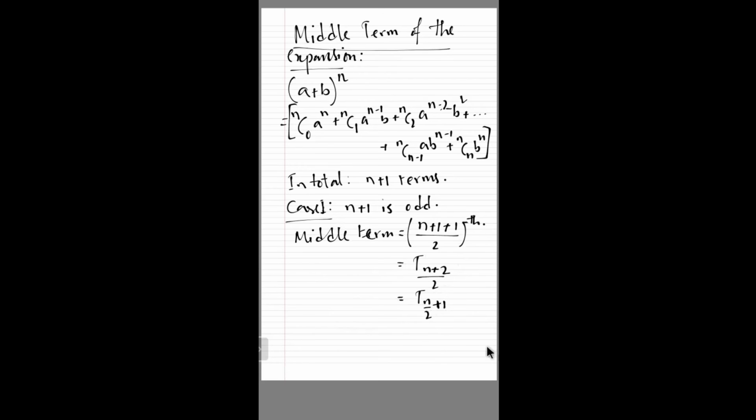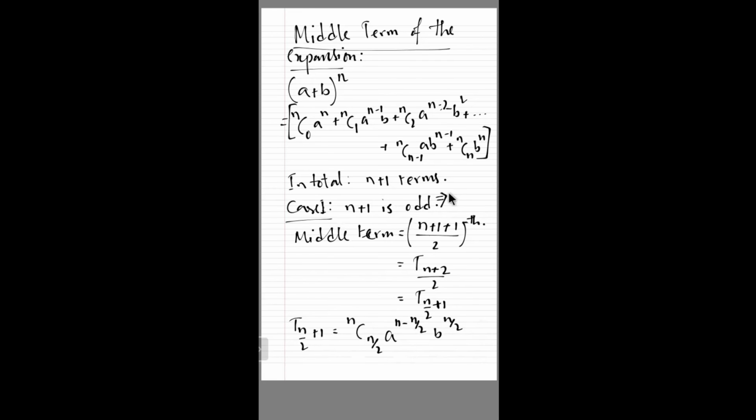And as we know how to write the general term, we can write t of n by 2 plus 1 as nC(n by 2), then a to the power n minus n by 2, b to the power n by 2. So this will become the middle term when the number of terms is odd.